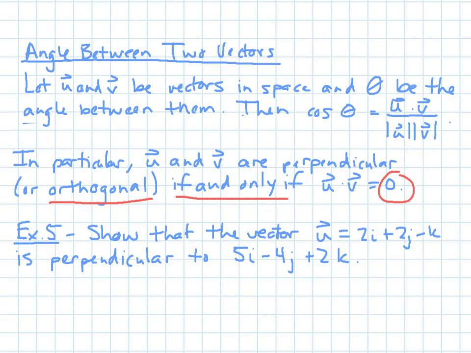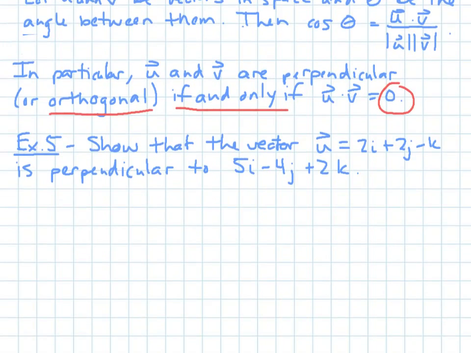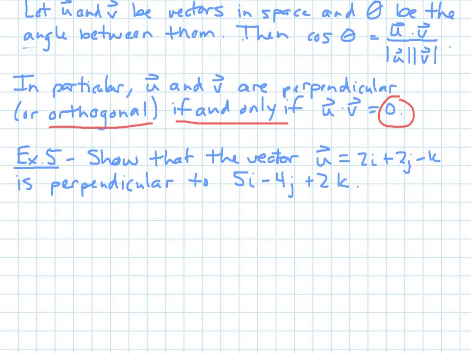Example 5 says, show that the vector u, 2i plus 2j minus k, is perpendicular to 5i minus 4j plus 2k. Using the dot product, if I take the dot product of them and I get 0, then they must be perpendicular.